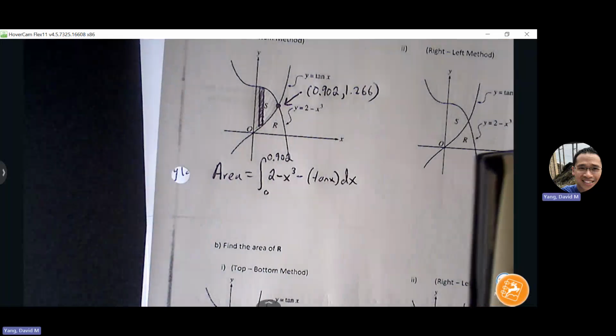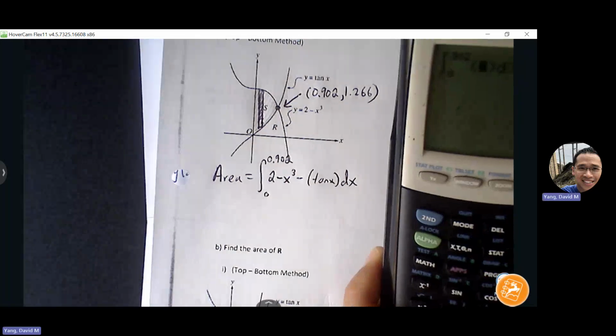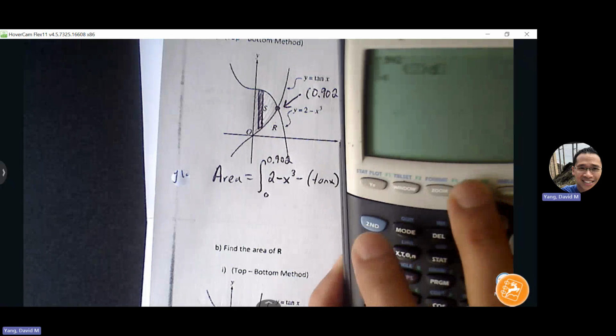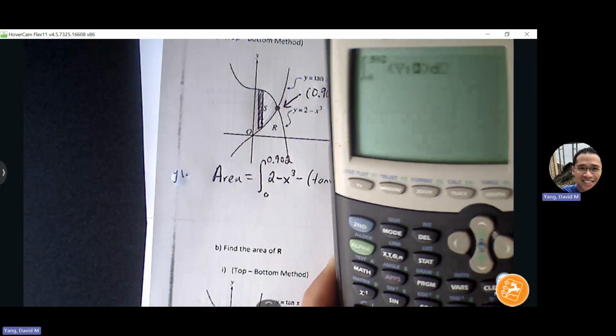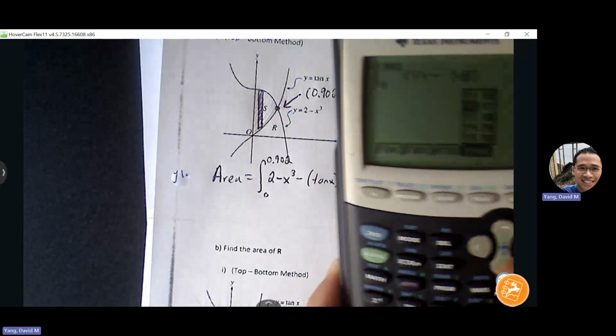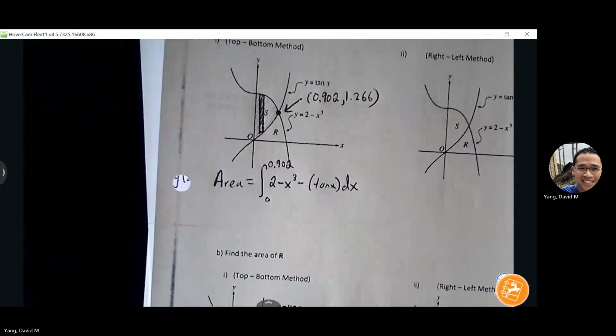So I'll go from 0 to 0.902. My y1 is tangent of x, so I'll do alpha trace y1 minus alpha trace y2 dx. Yeah, my y1 is tangent.